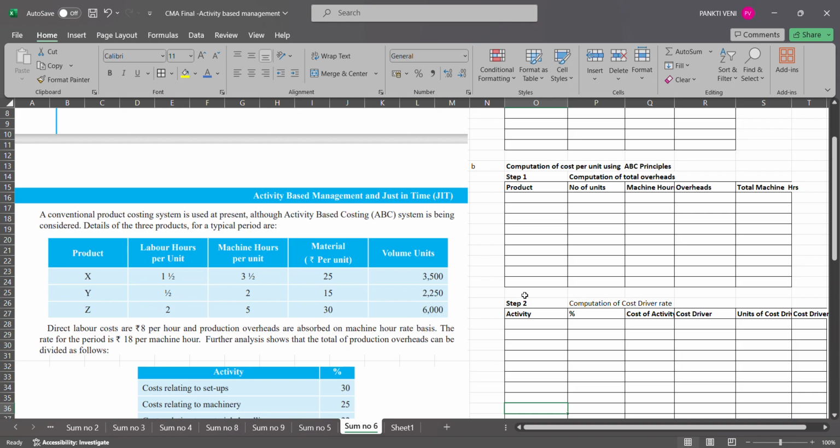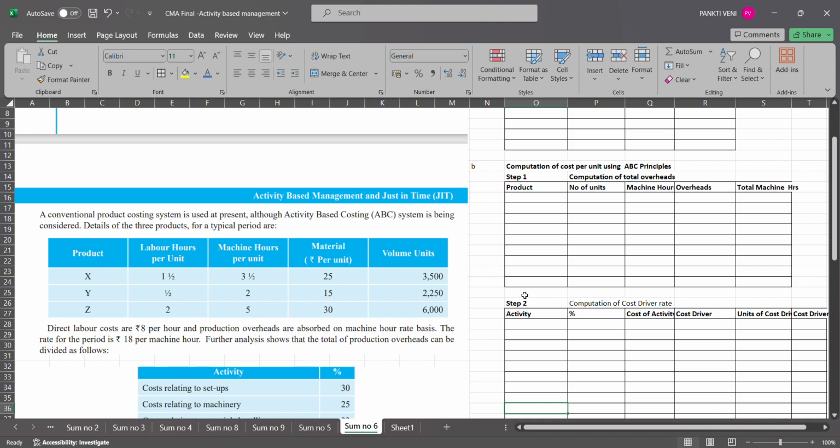Details of the three products for the typical period are as follows. So they have given us details of the three products: labor hours, machine hours, material per unit, and volume units. Direct labor cost is rupees 8 per hour. Production overheads are absorbed on a machine hour rate basis. The rate for the period is rupees 18 per machine hour.